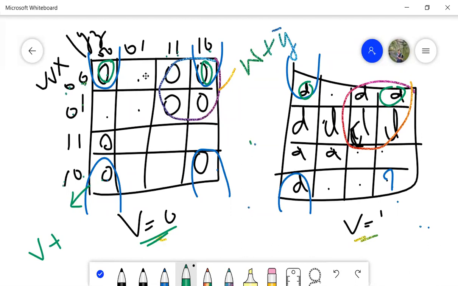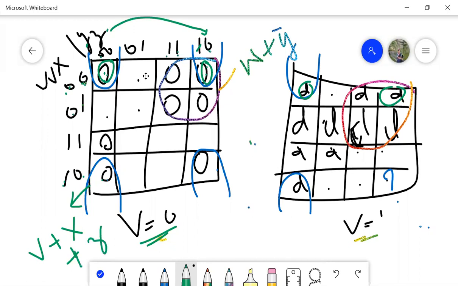What is remaining is X, and the value of X is 0, so it will be X. V plus X plus, again I have to check this and this. 0 and 1 get cancelled, that means Y is cancelled. What is left out is Z, and the value of Z is 0 according to the K-map. So V plus X plus Z.